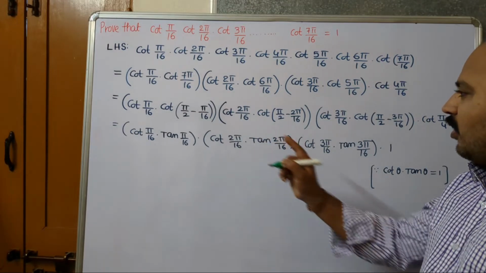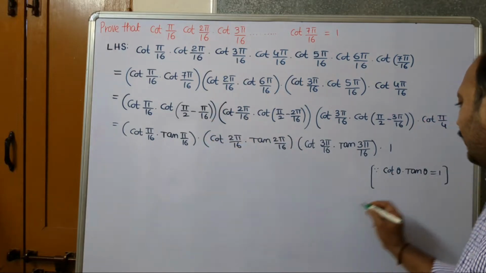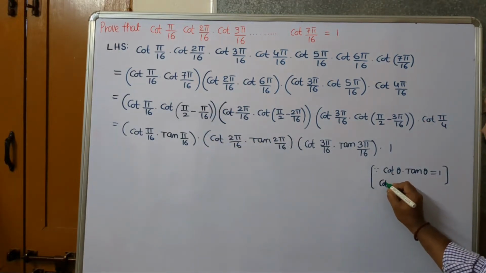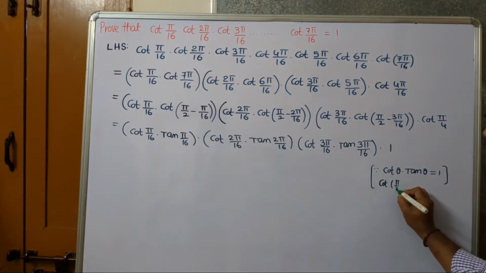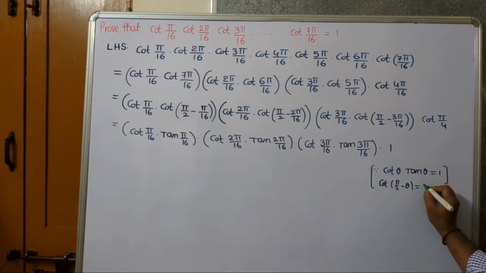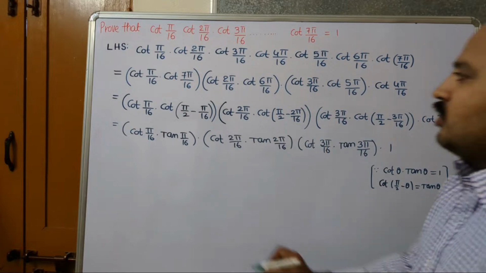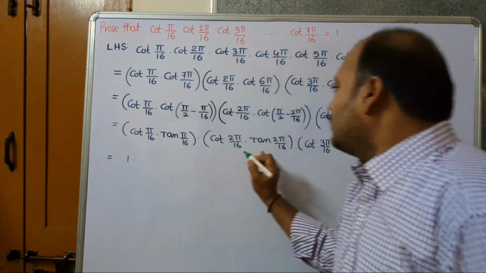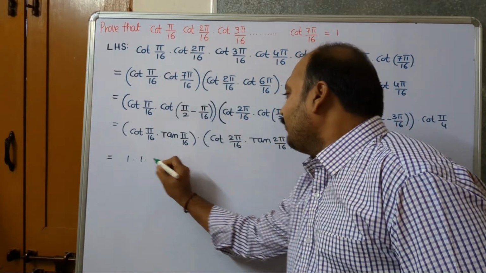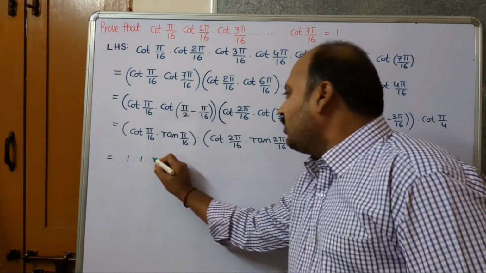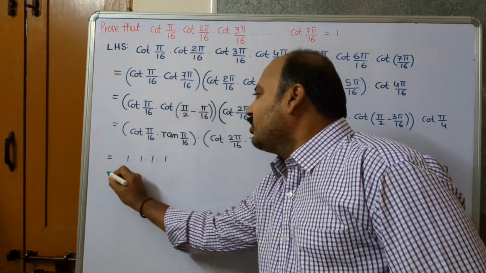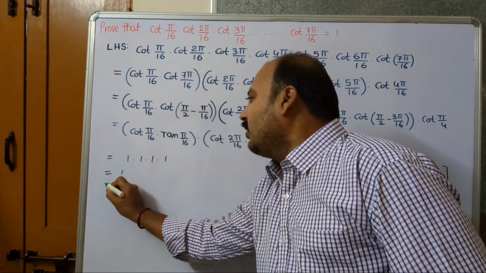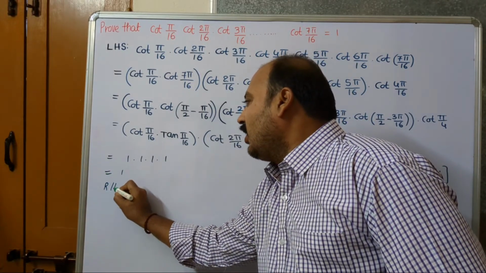And here what we applied, cot of pi by 2 minus theta, we can write as tan theta. So this first bracket value is 1, second bracket value is also 1, third bracket value is also 1, and at last also 1.